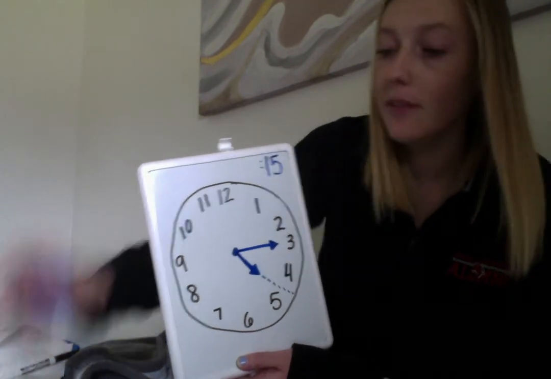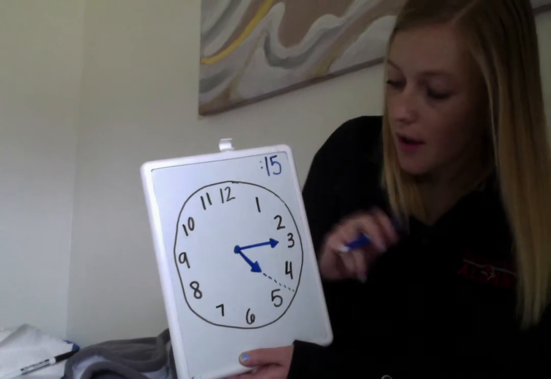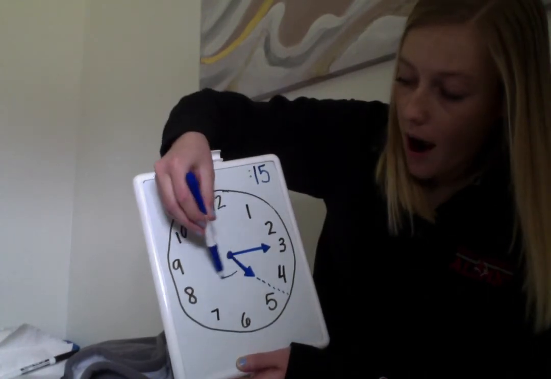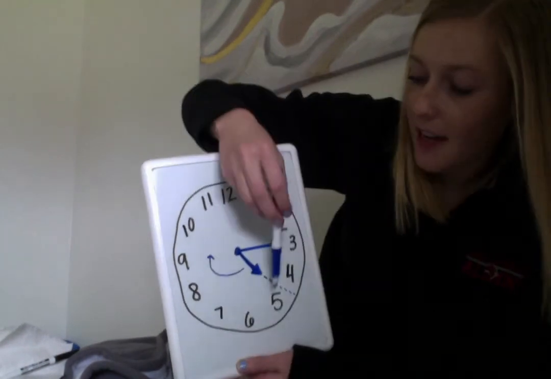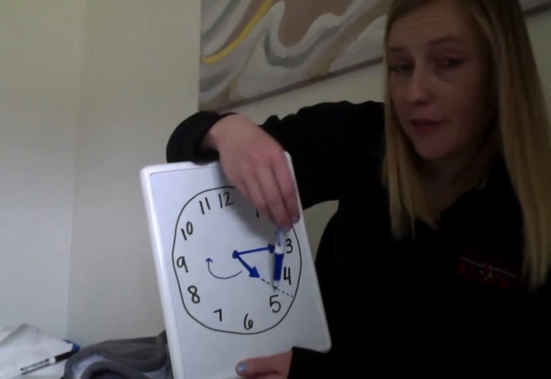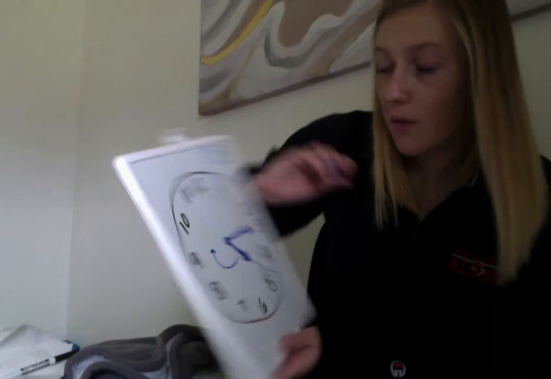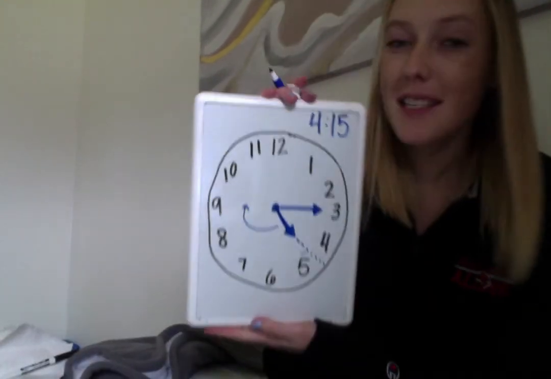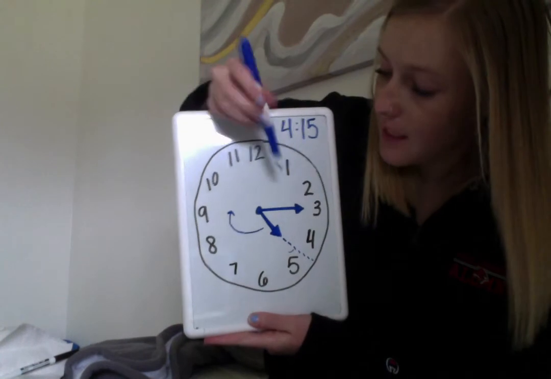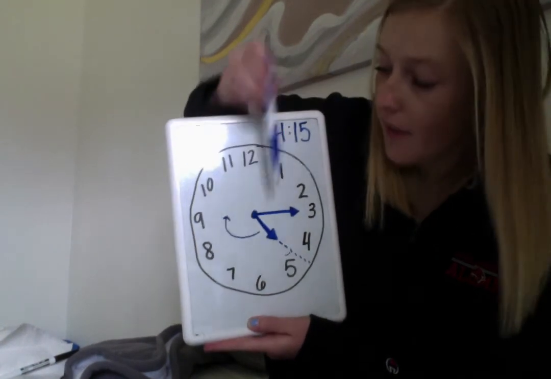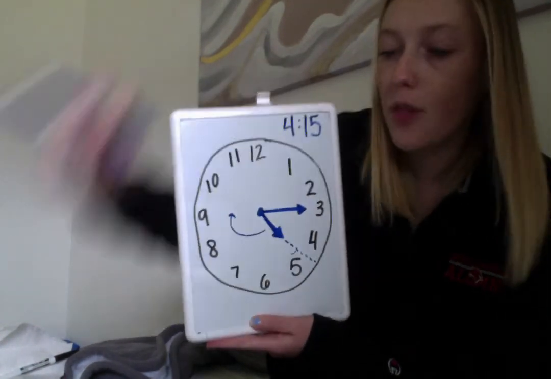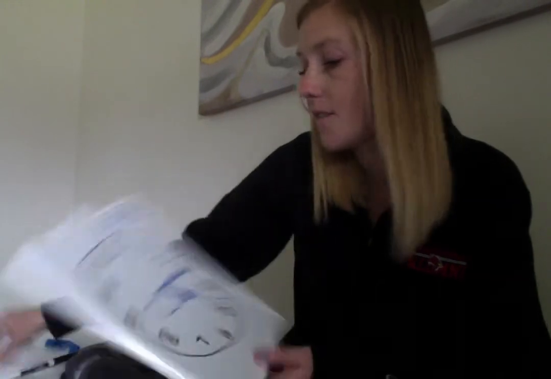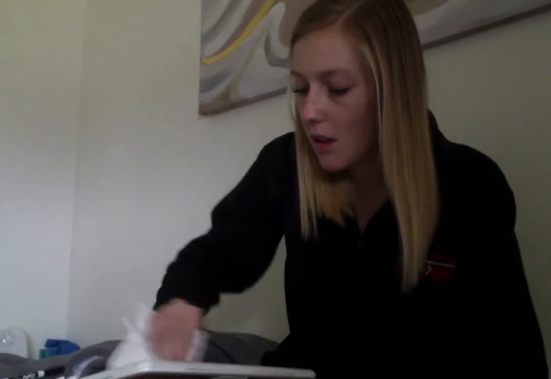Since our hour hand moves this way, we haven't hit the 5 yet, so it's still 4. So the time this clock shows is 4:15, because we're in between the 4 and the 5, and our minute hand is on the 3, which means it is something 15. Let's take a look at the next one.